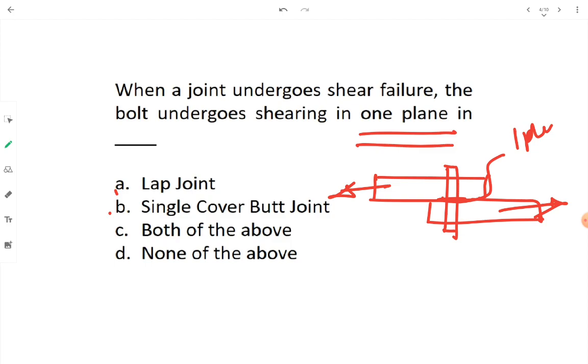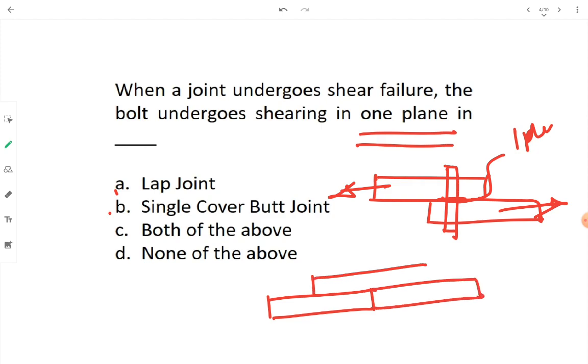Now when we are talking about the single cover butt joint, let's say this is the butt joint: these two plates and this is the cover plate. Here let's say two bolts have been provided. Again, if the joint is failing in shear, then the shear plane across which the bolt is failing is one only.